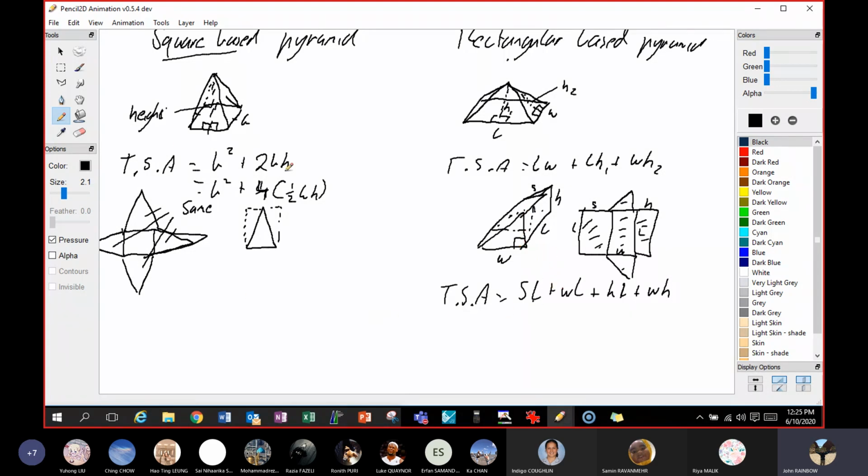Okay, going back to this square-based pyramid, there are some interesting ones that make it a bit harder. It will be pretty easy when you've got the slanted height.